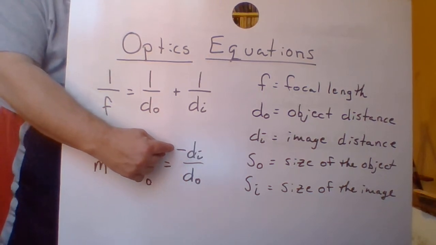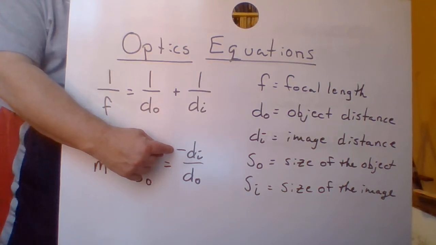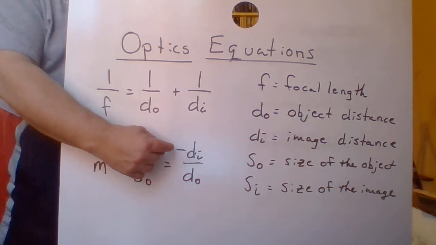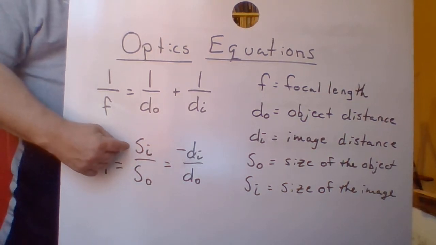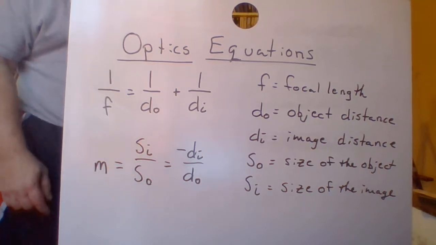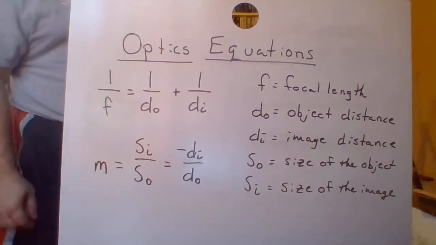The negative sign tells us whether the image is going to be inverted or upright. If the image distance is positive and you have the negative sign here, that means the image will be inverted. That means it must be a real image. Make sure you check the notes that all of this is part of.